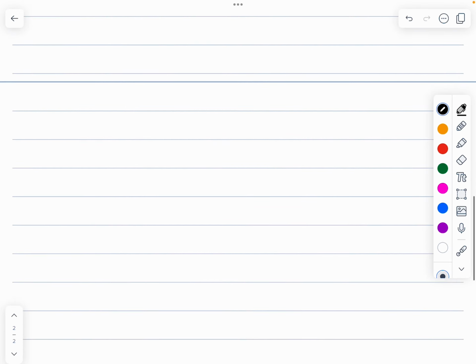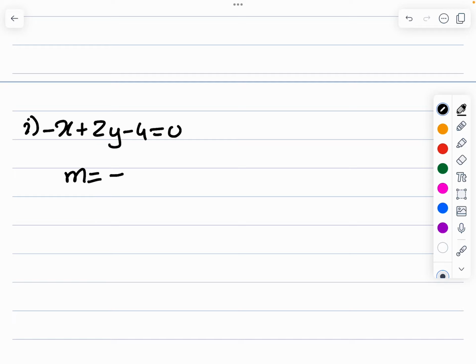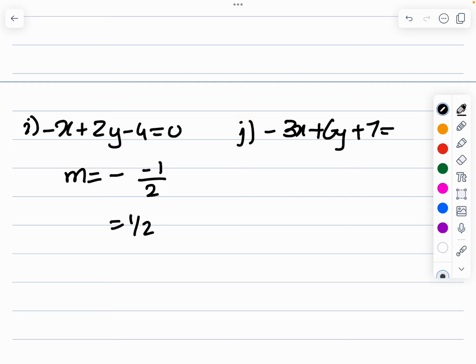Minus a upon b. Then j: minus x plus 2y minus 4 equals 0. So minus a is 1, b is 2. So it's going to be 1 upon 2. Then minus 3x plus 6y plus 7 equals 0. So m equals minus a upon b, which is 3 upon 6, which is 1 upon 2.